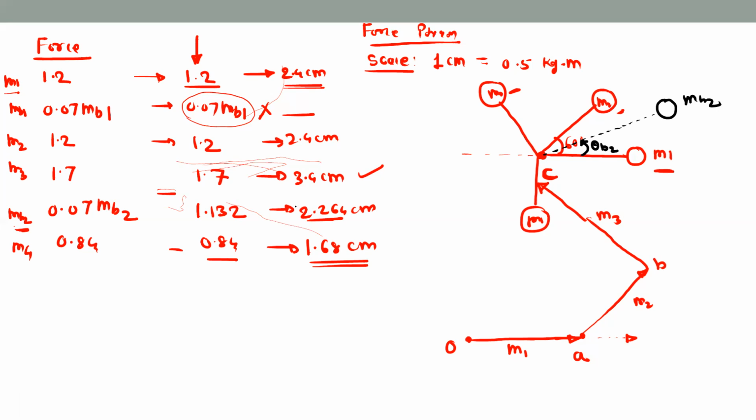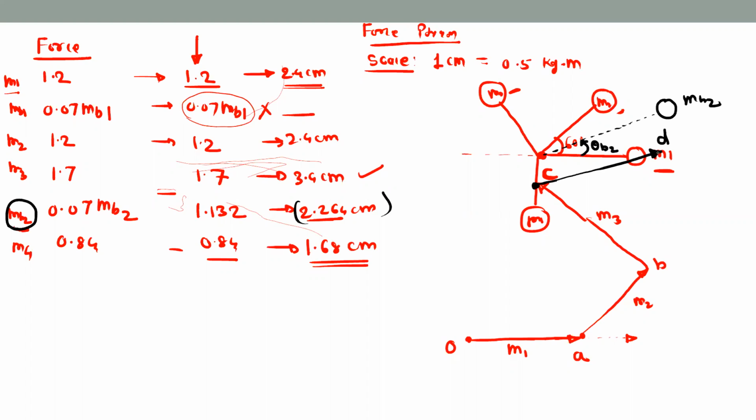For this length 2.264, which is for balancing mass 2, draw the vector parallel to this MB2. From this point, draw the vector of length 2.264 centimeters. So this is C and this is D.